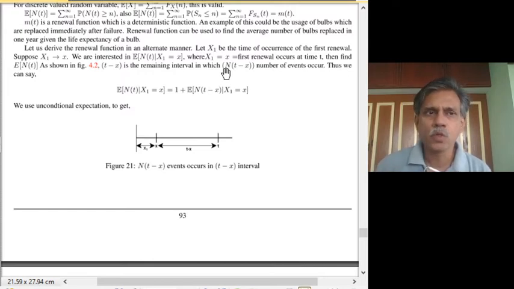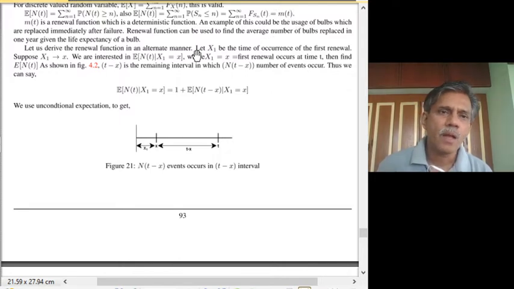Which can be used to get Sn for any arbitrary n, and that can in turn be used to get m of t. But now let us derive or represent the renewal function m of t, which is the expectation of N of t, by conditioning it on the value x1 will take.